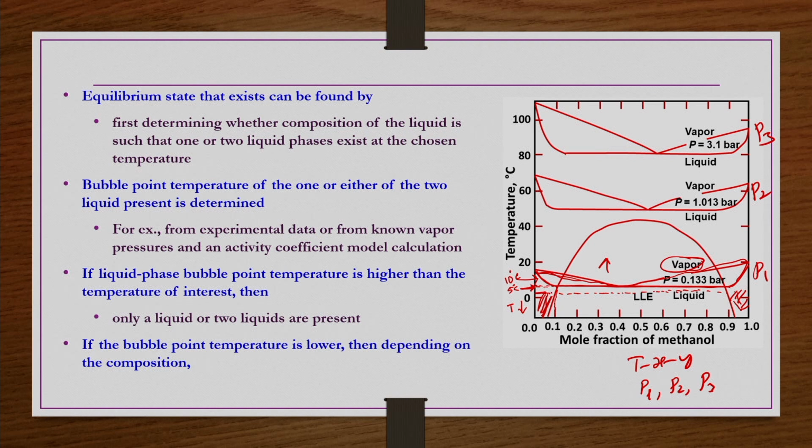So, now again depending on the composition at this temperature, your temperature of interest is higher than the bubble point temperature, or the bubble point temperature is lower than the temperature of your interest, then depending on the composition you can have either a pure vapor, if you draw a tie line like this. So, you can have either a vapor, in this region only vapor phase we are having, or a vapor liquid equilibrium may be there in this region, right. That is also possible depending on the composition.